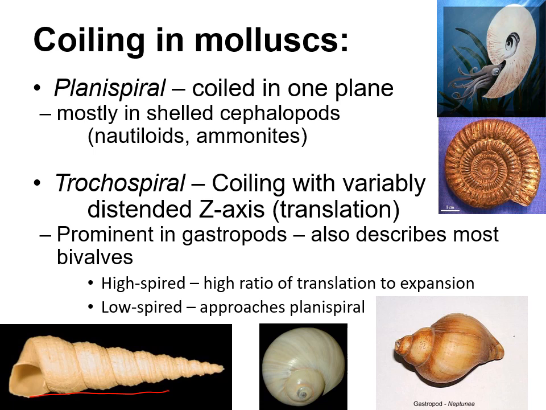So as there's coiling, it's kind of coiling off to the side. And then when we start getting into our cowries and even something like Neptunea, we have a high to low degree of spiraling. So there's variation just among these three on different ways that we can coil a mollusk shell. This is just barely scratching the surface of the morphospace, the possible forms of coiled mollusk shells.